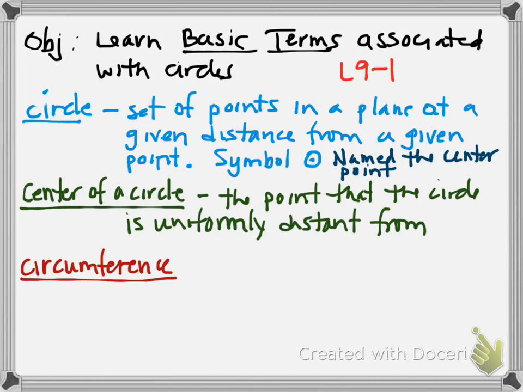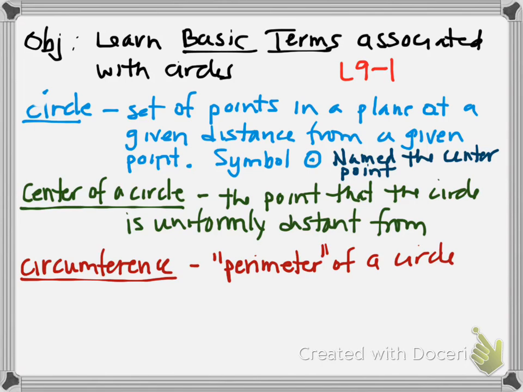So a circumference is as close to a perimeter that a circle can have. So I'm going to use the word perimeter since we all are familiar with what perimeter is. Circumference is the quote-unquote perimeter of a circle.